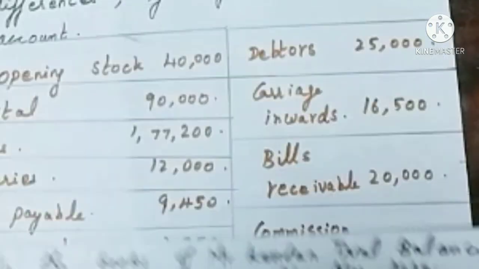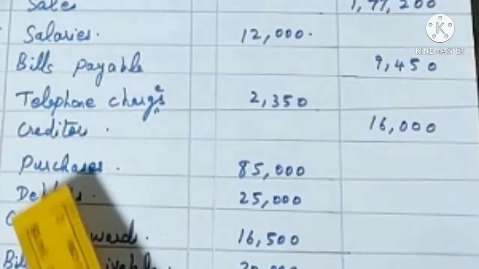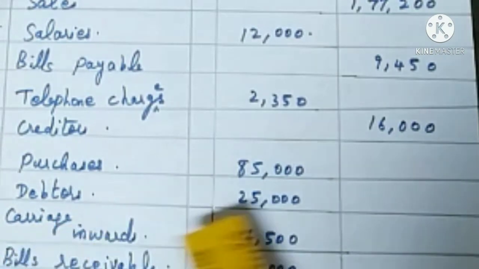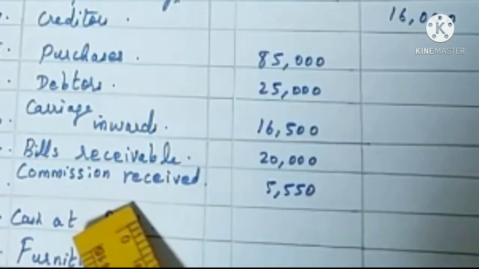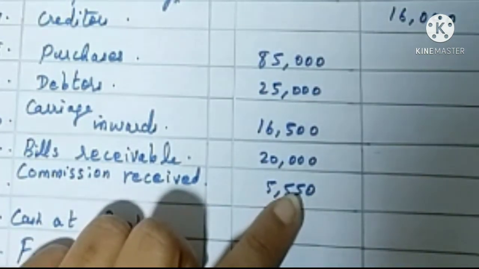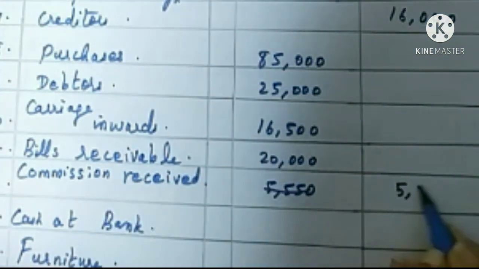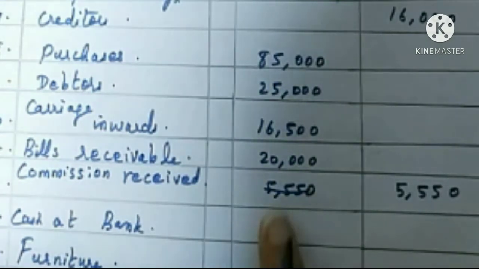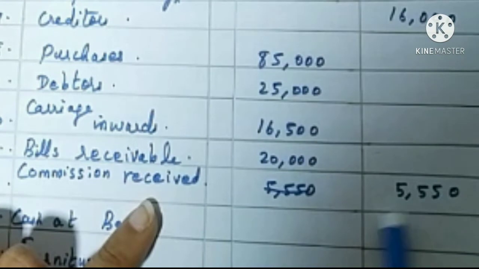It should be debited. Then commission received rupees 5,550. The purchases is debited, debtors is debited, carriage inwards is debited, bills receivable is debited, commission received should not be debited, it should be credited because it is an income. So 5,550 should be credited, it is an income. As per the nominal account rule, credit all incomes and gains.